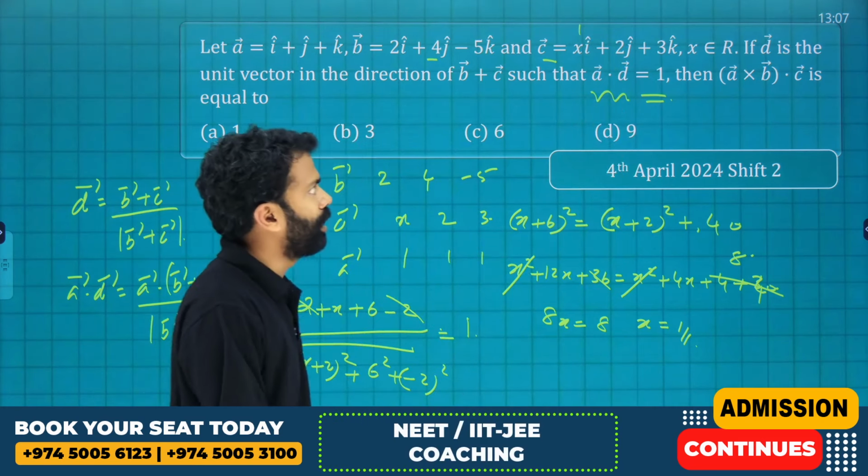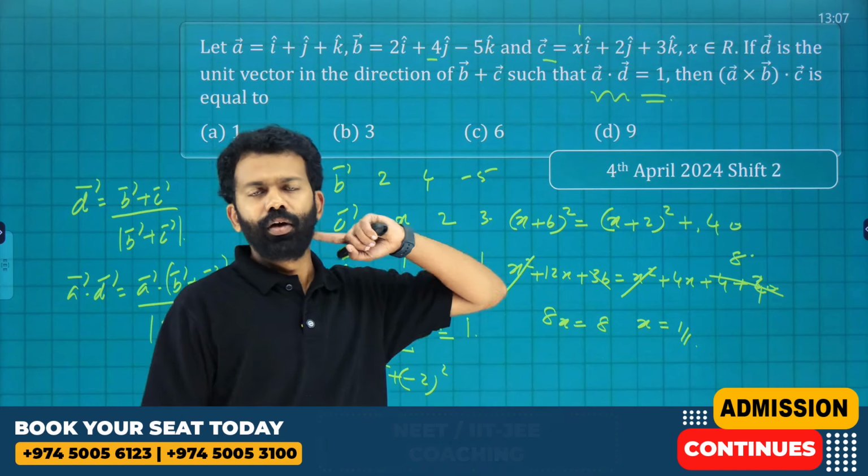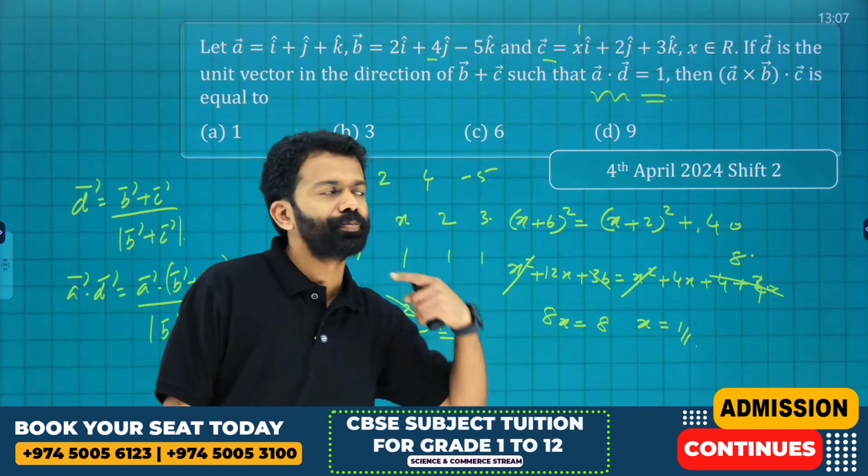We will get C as i plus 2j plus 3k. And you need to find the box product ABC. How are you going to find the box product ABC?